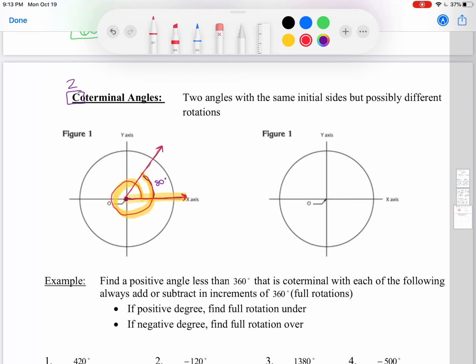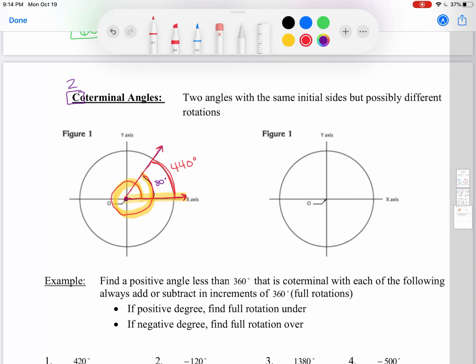And when I do that additional 80, I'm still going to have that same coterminal side, but this time, instead of 80 degrees, I'm going to have the full circle, the full 360 first, plus the additional 80 degrees. So for this angle here, I would have 440 degrees.